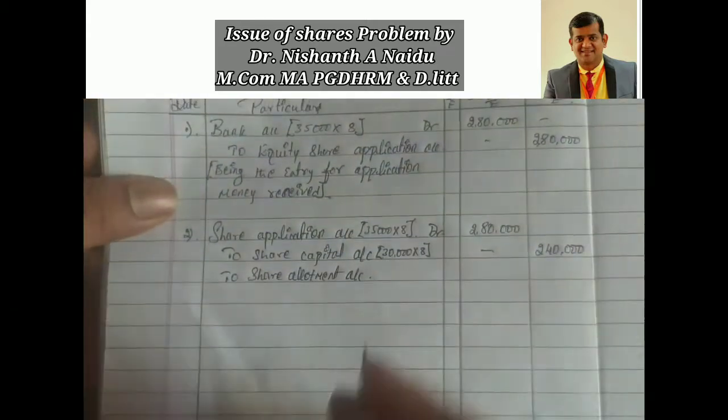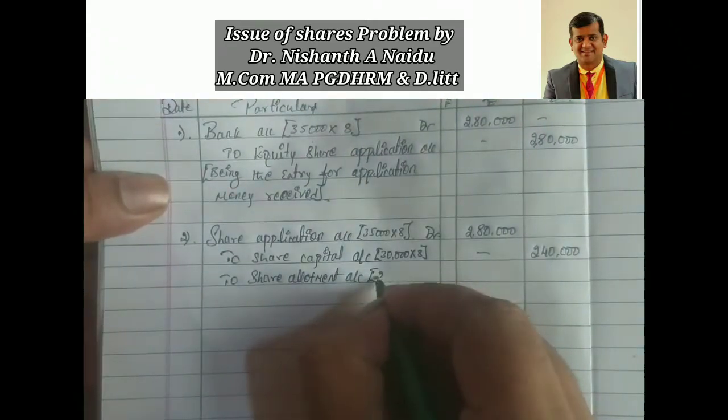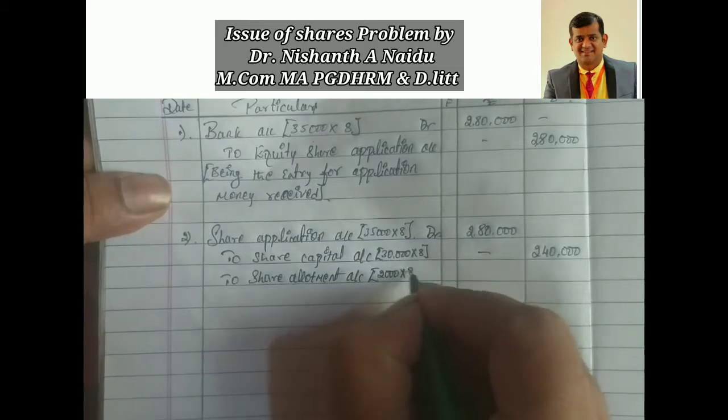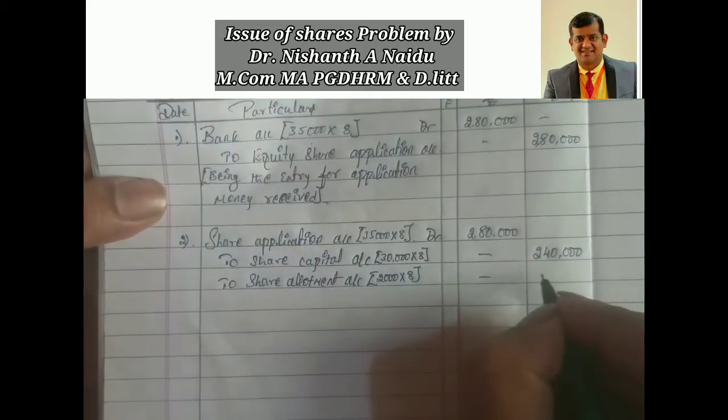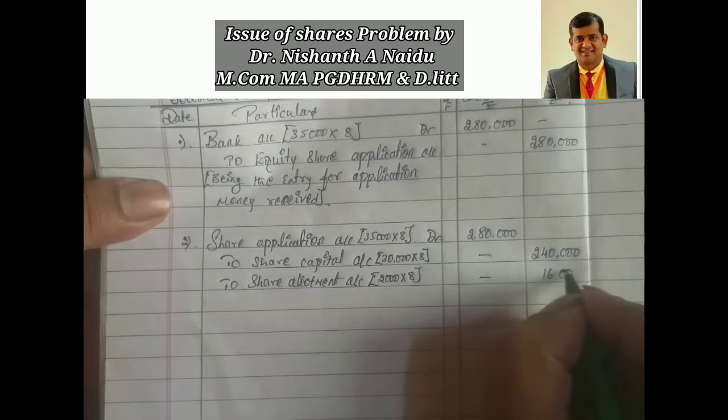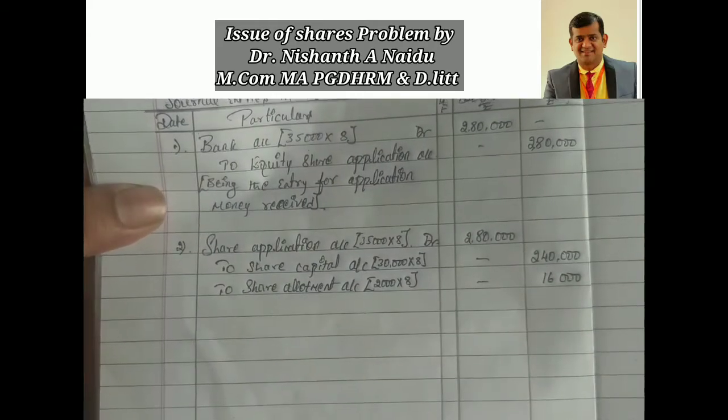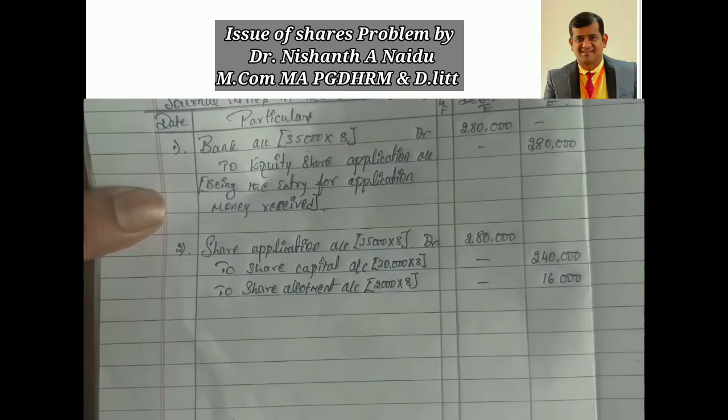So that I am passing here. 2,000 into 8 comes to 16,000 rupees. Clear, as I have given in the working note.